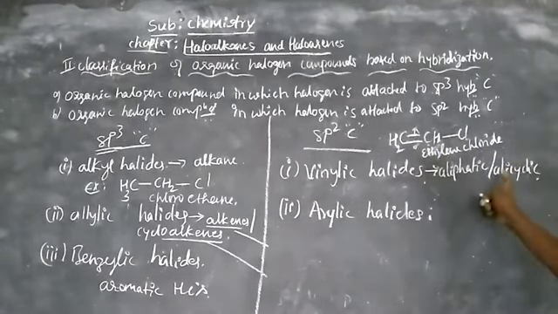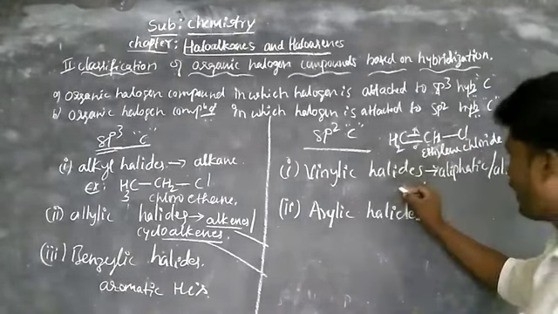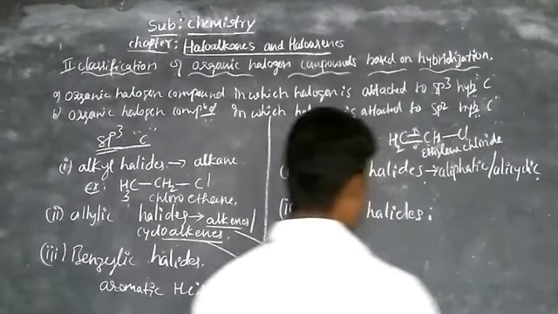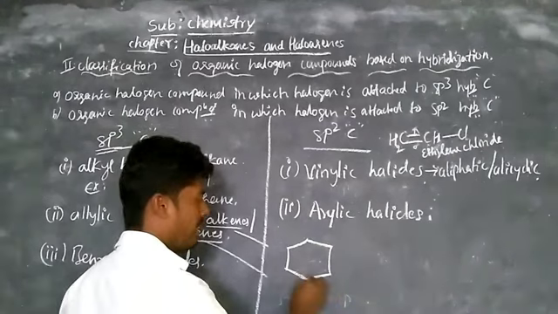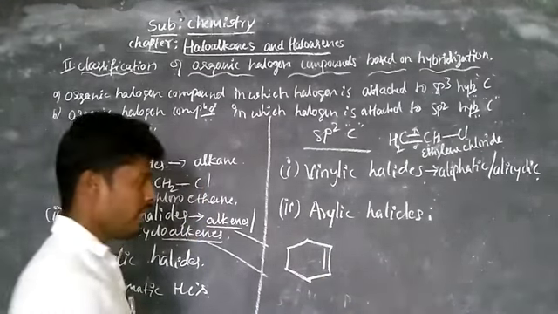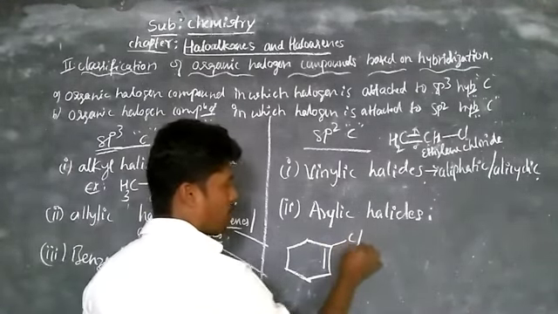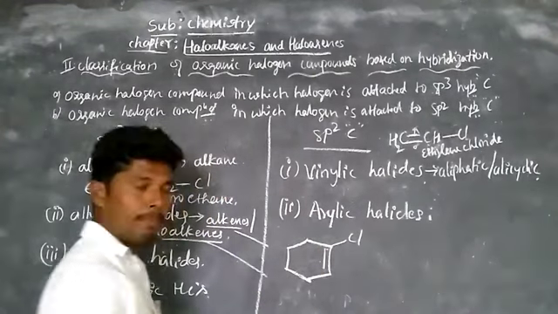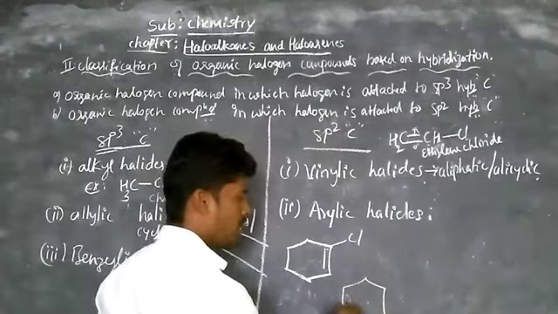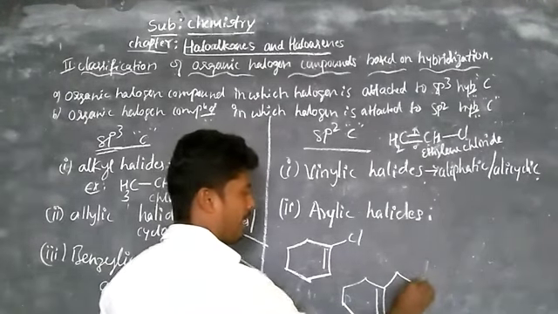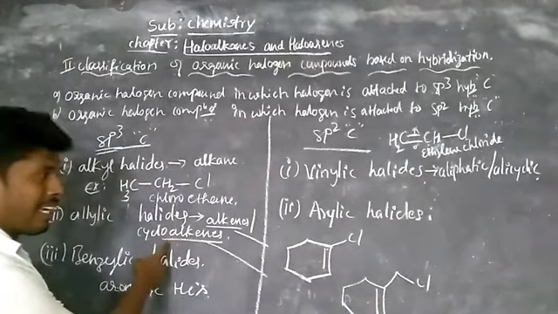So similarly for alicyclic, I write one more example for alicyclic here. See, this is cyclohexene in which the halogen is directly attached to the sp2 carbon. It is attached to the sp2 carbon. What came earlier is different, don't confuse that one and this one. Like that I am writing an example for cycloalkanes.